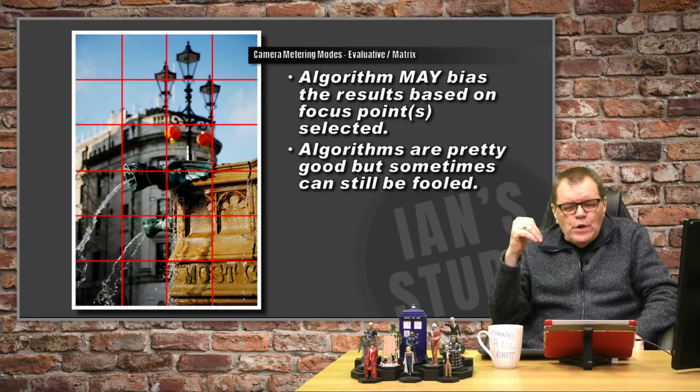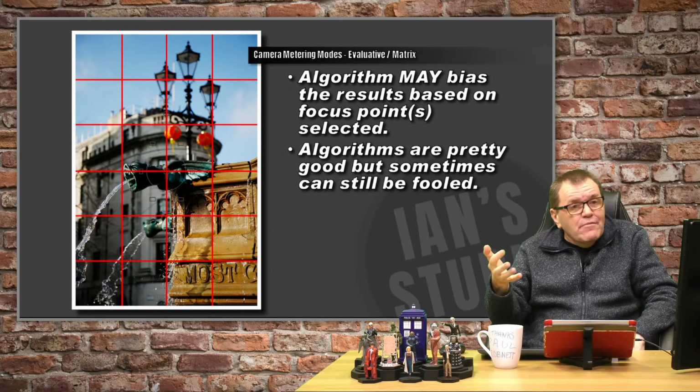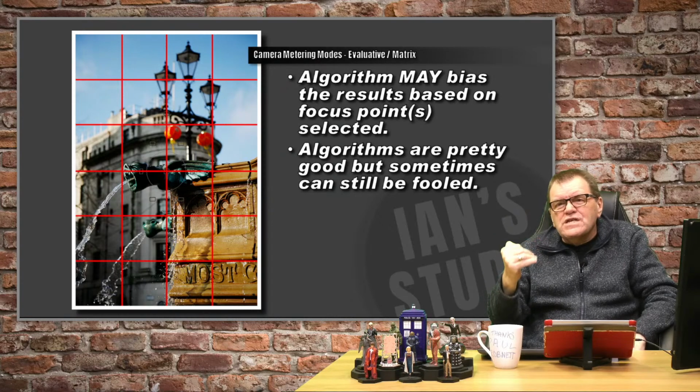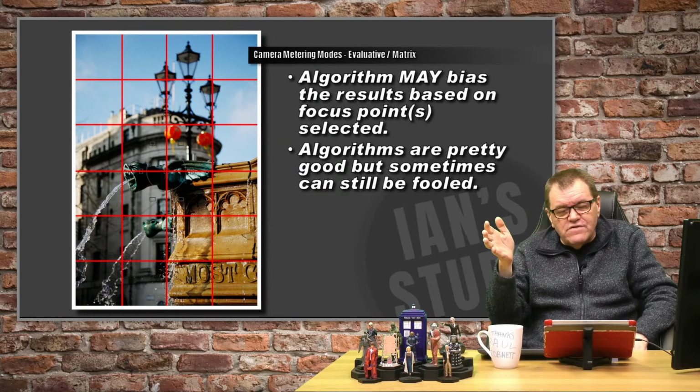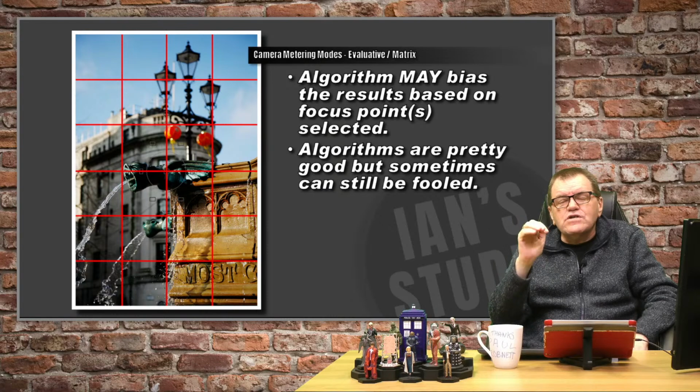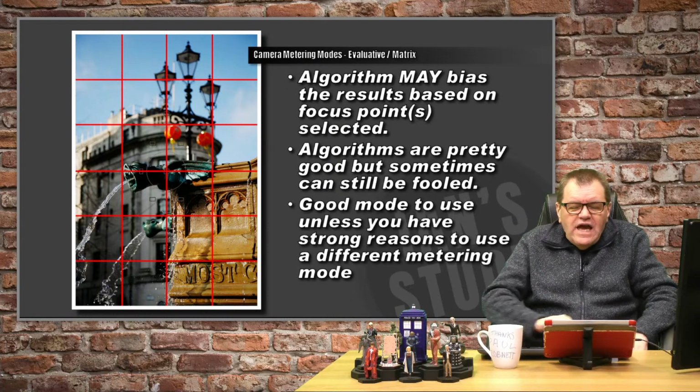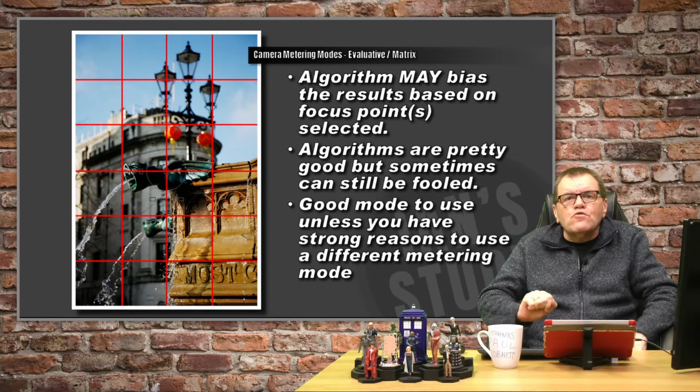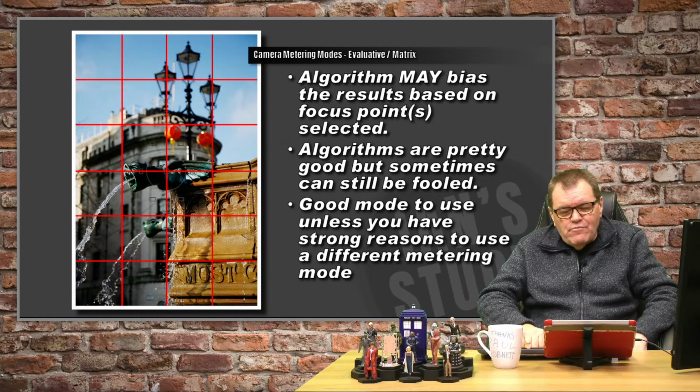I've got to say about evaluative and matrix is these algorithms are pretty good. They can be fooled, but they are pretty good. And most of the time, I work with my camera in evaluative mode. I just leave it on there and forget, unless I've got a good reason to take it out of that mode.